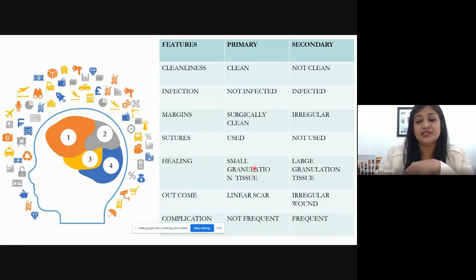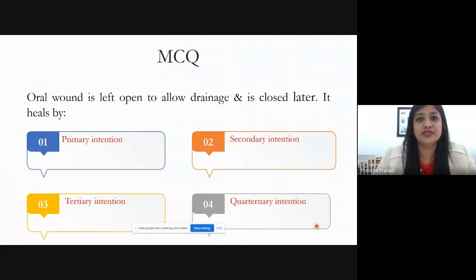Granulation tissue is kind of limited in primary, whereas here it's large. And the scar could be a result of primary healing in case of skin especially, and an irregular wound in case of secondary healing. Okay, complications are not frequent in primary because so much care is taken, but it's usually quite common in healing by secondary intention. I think that will help you for a quick revision.